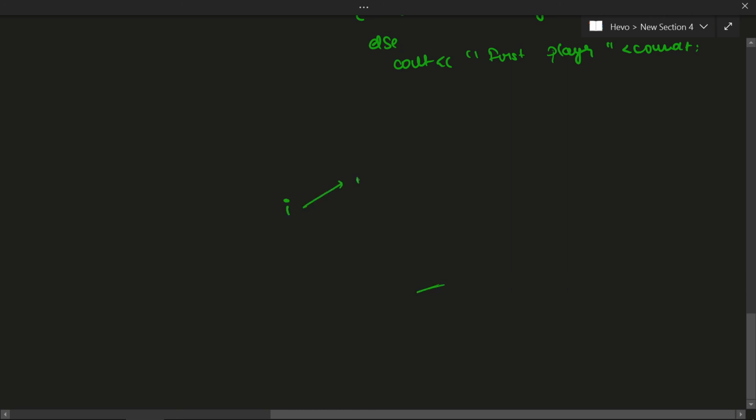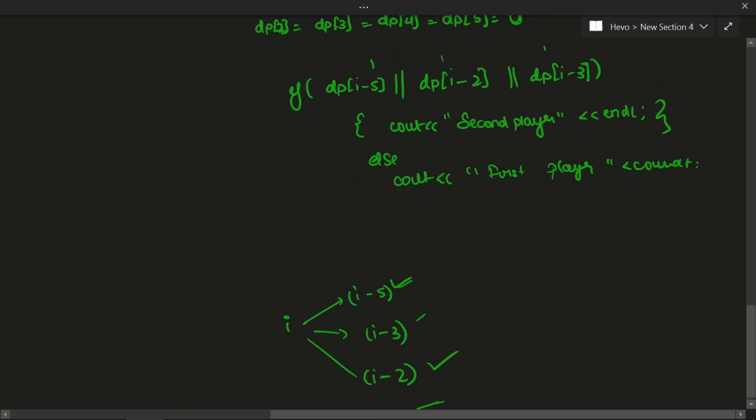For every i value, we have i minus 5, i minus 3, i minus 2. So if any player is winning at these games, then he will definitely win the game. Otherwise, he will not win the game.